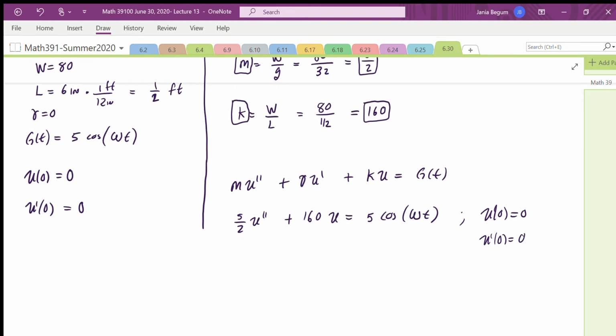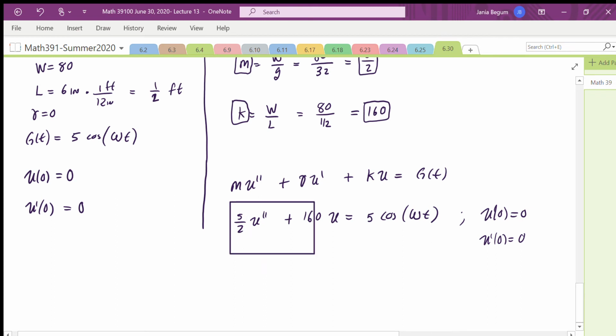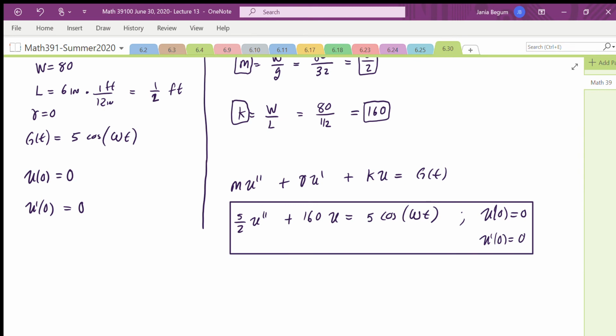Now, how would you solve this particular problem? What will be the method to use? Yeah, so to solve u of t, you would use the undetermined coefficient method.